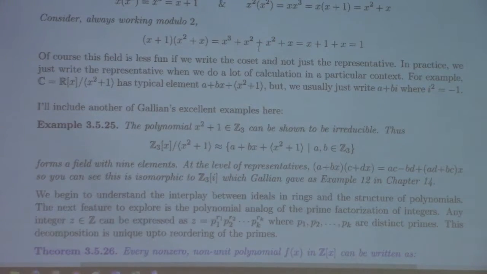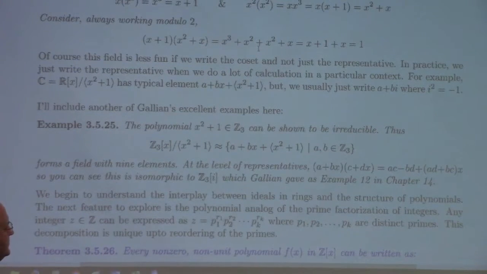You can also look at this: x squared plus 1 over, that's supposed to be Z3[x]. I'm missing an x there, right? This is irreducible over Z3. You can easily check. Plug in 0, you get 1. Plug in 1, you get 4 plus 1... no wait, 1 squared plus 1 is 2. Plug in 2, you get 4 plus 1 is 5, 5 mod 3 is 2, right? Non-zero.